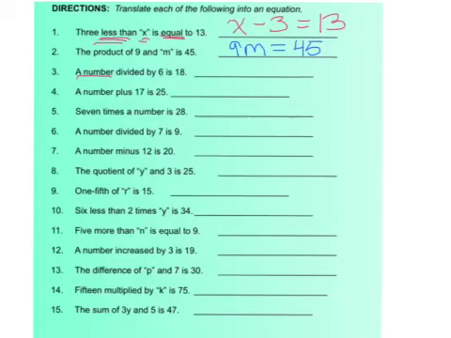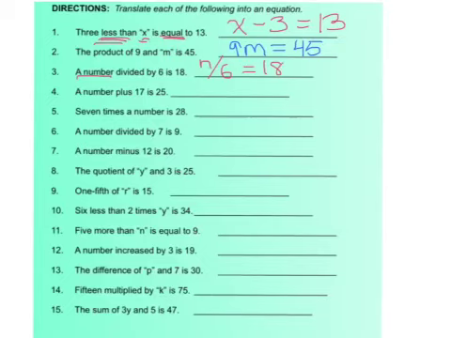Now, in our last 2 examples, they gave us the variable that they wanted us to use, so you have to use that variable. But here it just says a number, so you can pick whatever letter you want. Let's pick something that can't be mistaken for a number, but let's say n divided by 6 is 18, so equals 18.